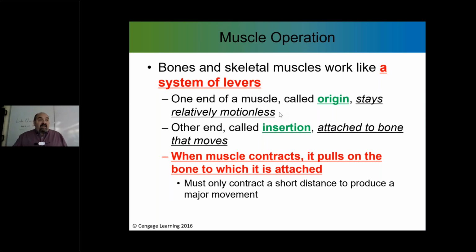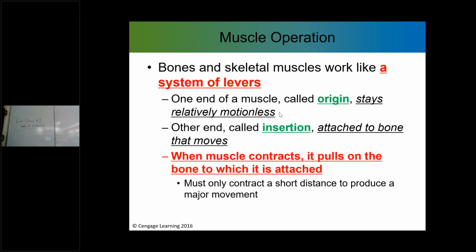The insertion, on the other hand, when you have muscle contraction, attaches to the bone that moves. So if the biceps brachii is inserted in the forearm, what happens? We would have the radius and ulna, those bones right there, your forearm.